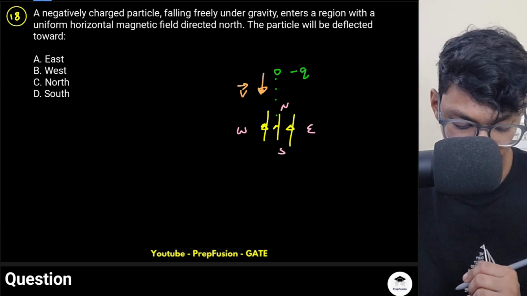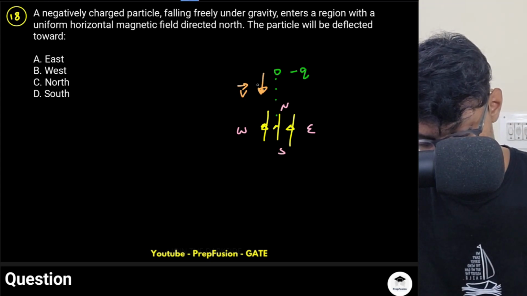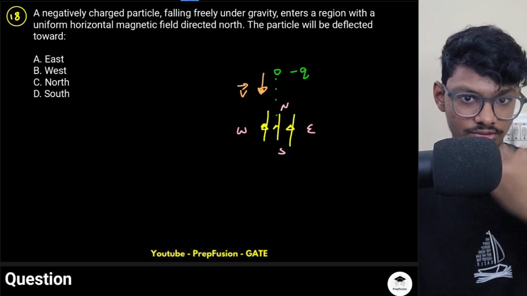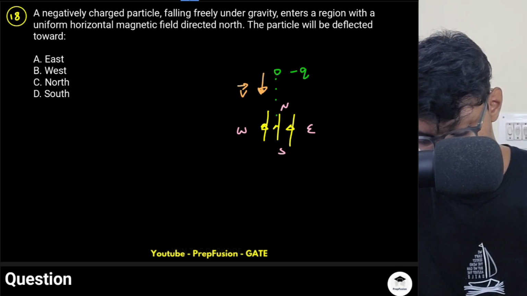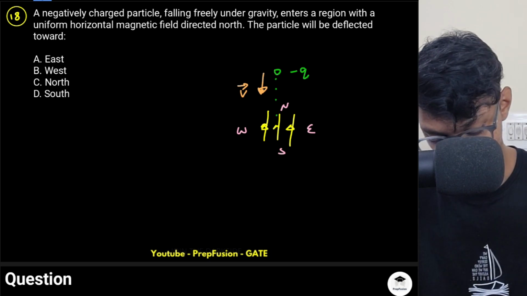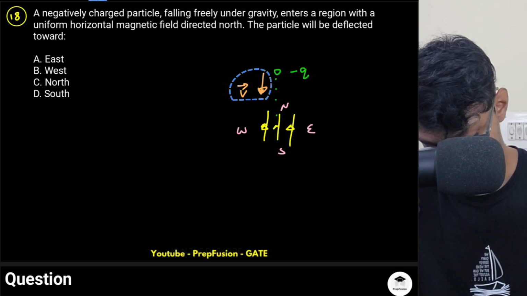And what is the magnetic field? The magnetic field is inwards, going into the screen, right? If south is towards me, north is into the screen, so the magnetic field will be inwards. So the magnetic field is perpendicular, just like this. I will just show you.